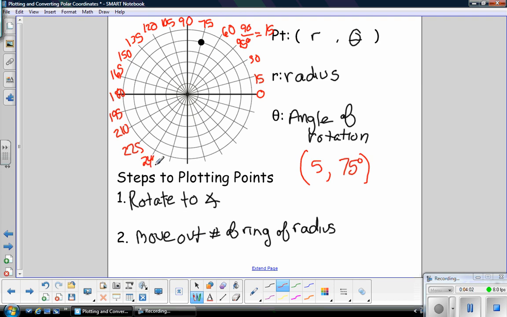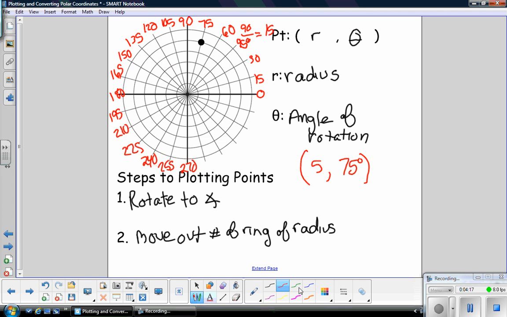You recognize that there are some angles that are common to our unit circle. This guy's 270, 255. The reason that I wanted to keep going through is there's another way to name those points.